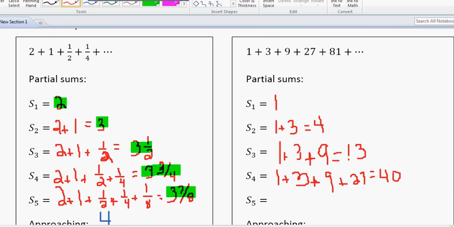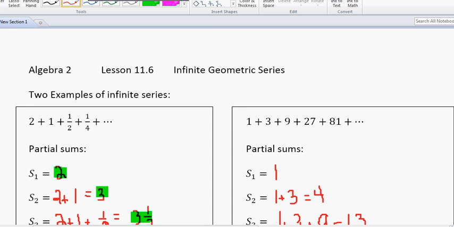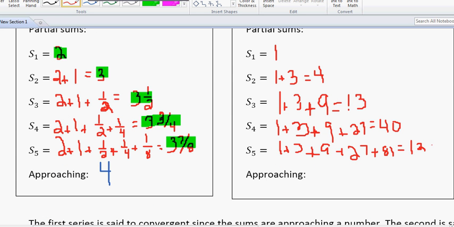And then the next one is 1 plus 3 plus 9 plus 27 plus 81 would equal 121. Okay, now let's look at these sums.